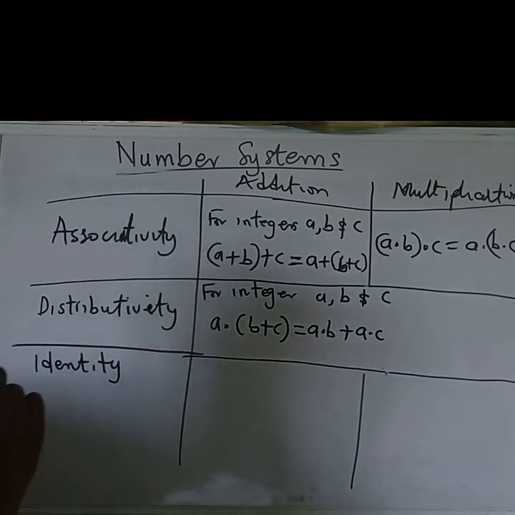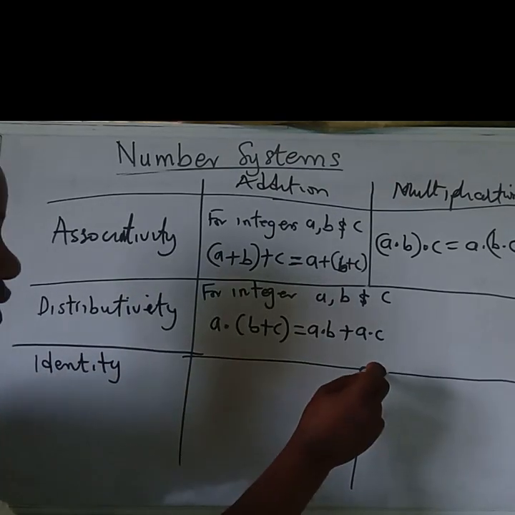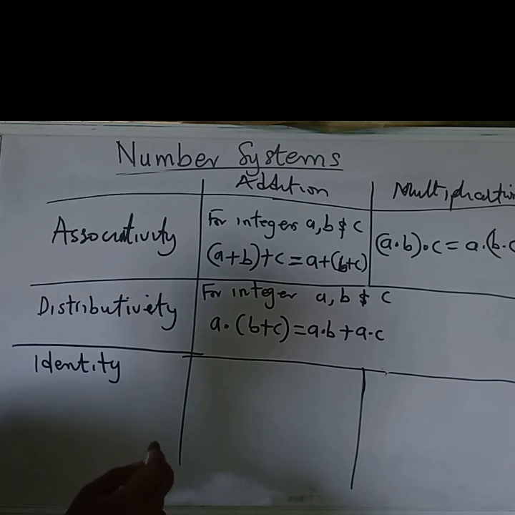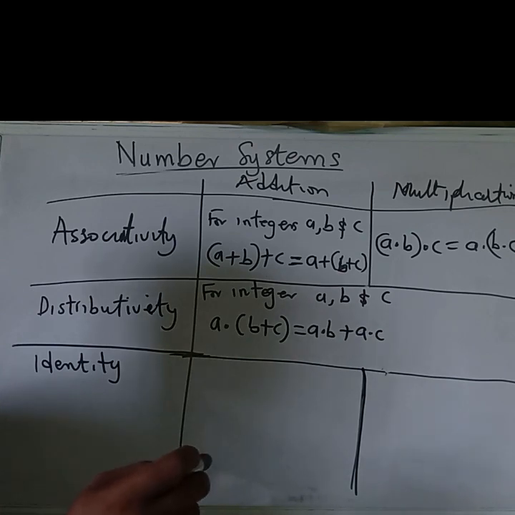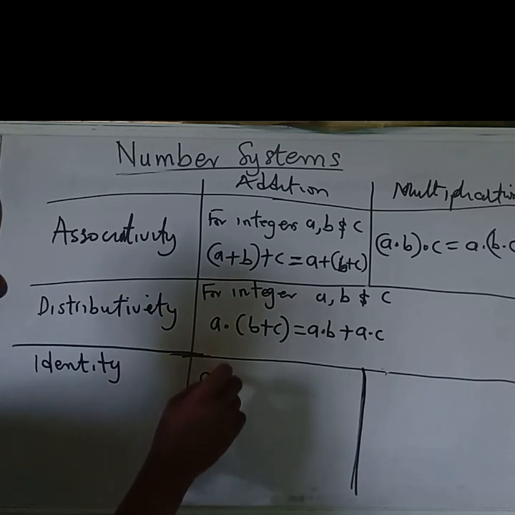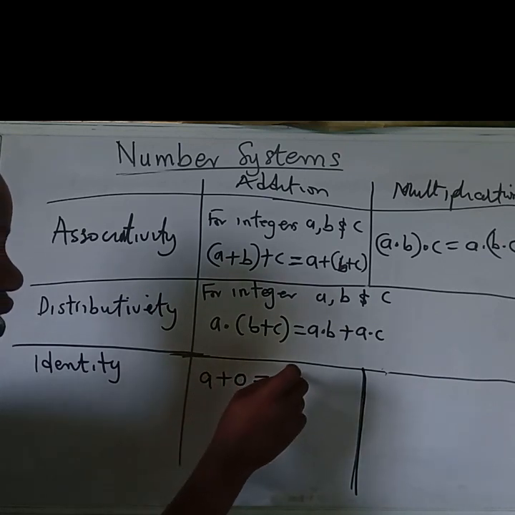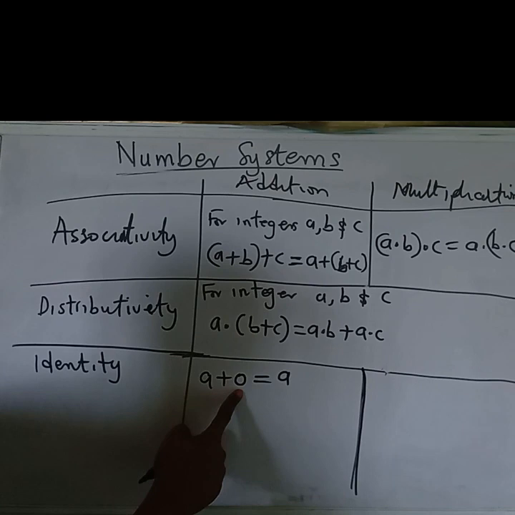Now let's look at the identity law under the integers. Under addition, when you pick a number and add it to another number, if your result is the number you started with, then this number is called the identity.